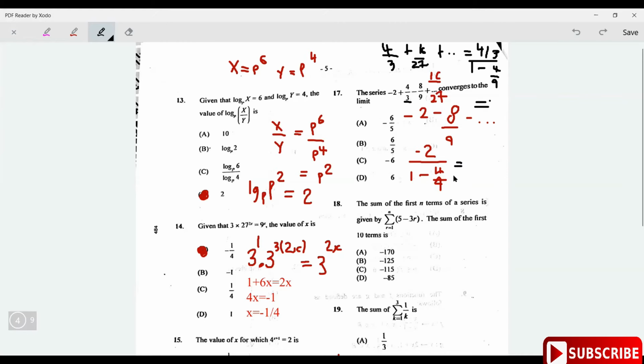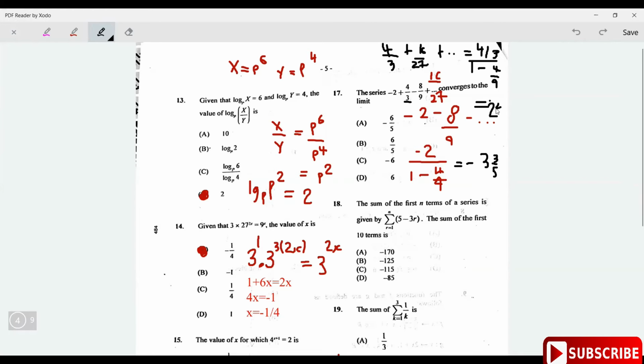So negative 2 divided by 5 over 9, I get negative 3 and 3 over 5. And let me see what I get up here. Then I have 4 over 3 divided by 5 over 9. I get 2 and 2 over 5.